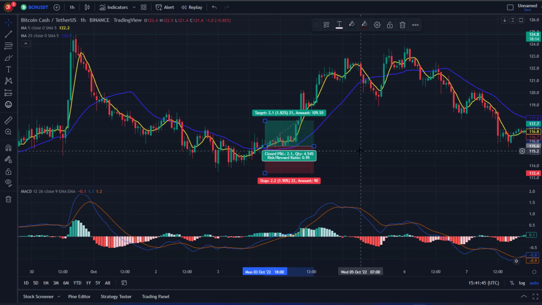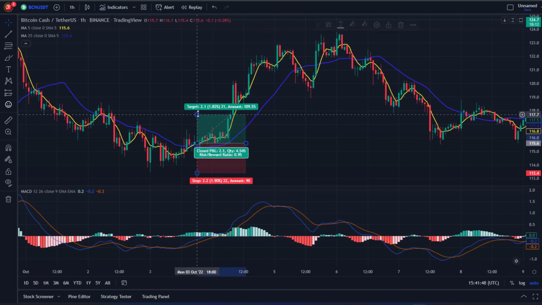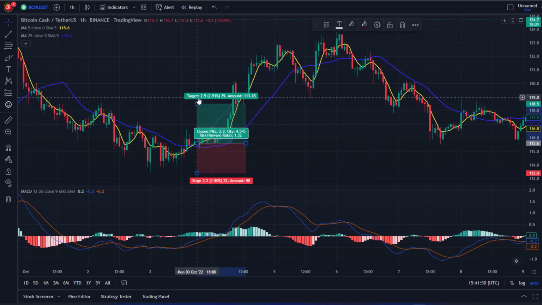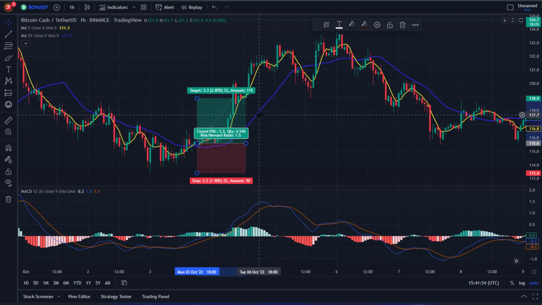Somewhere around here with a ratio of 1.5, we would have easily reached our target in, let's say, something around 10 candles, 10 hours, because I have 1 hour time frames, and it would have given us 2.85% profit with a leverage of 1, with a leverage of 10, 28%, and with a leverage of 5, 14%.